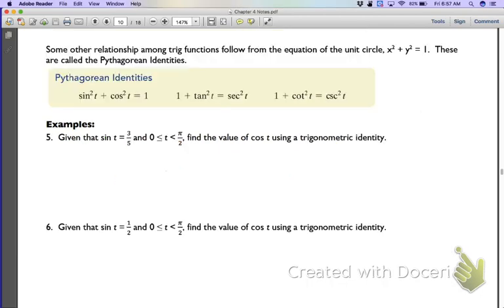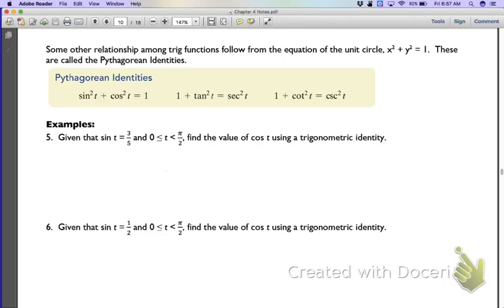Now, whenever we talk about the Pythagorean identities, it's similar to the Pythagorean theorem. Whenever we had the Pythagorean theorem, remember we had a squared plus b squared equals c squared. Well, in this case, remember x is related to our cosine, sine is related to our y, and everything is equal to 1 for our hypotenuse.